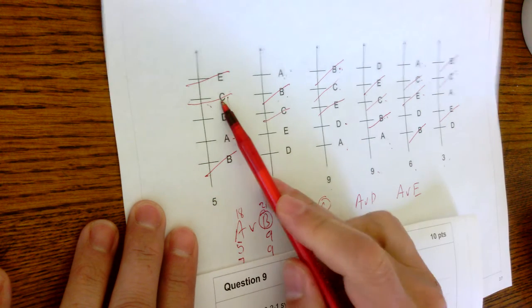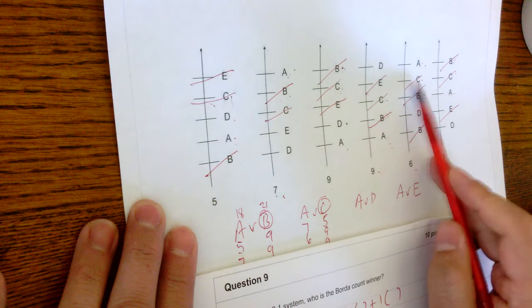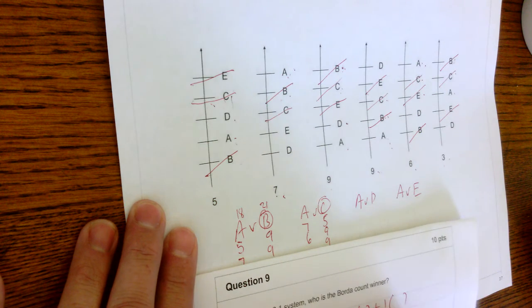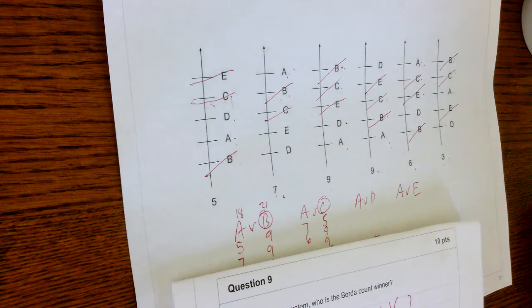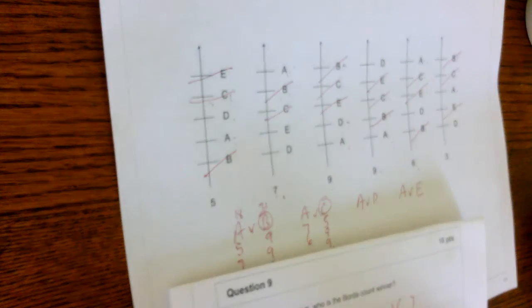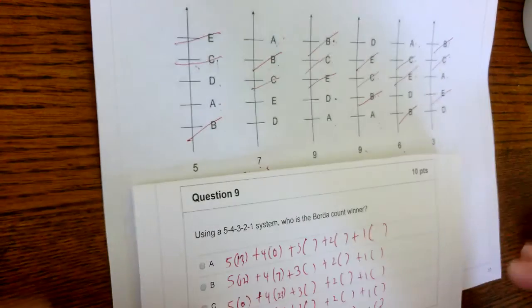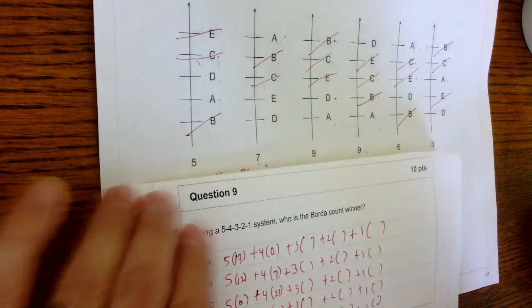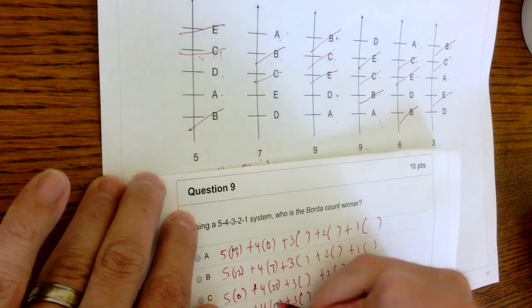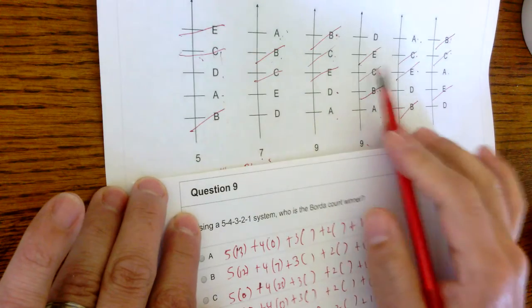Let's look at C. 5 plus 9 is 14 plus 6, 20 plus 3 is 23. All right, let's look at D. They don't have any for second place votes. E has 9.